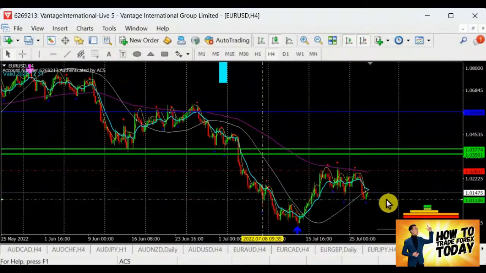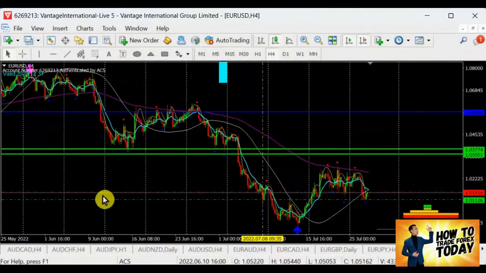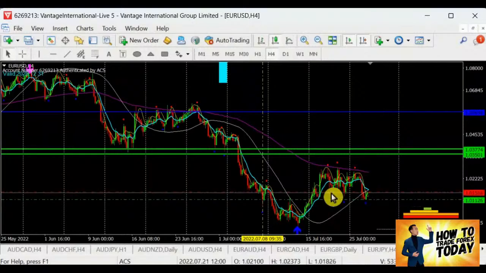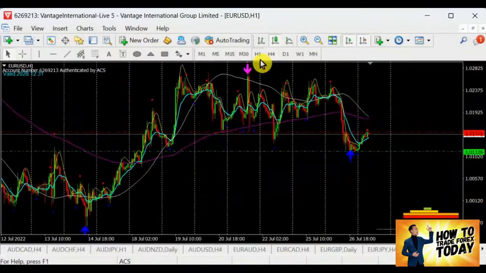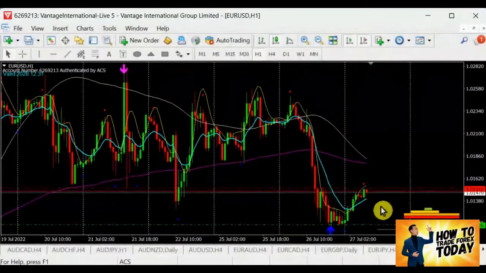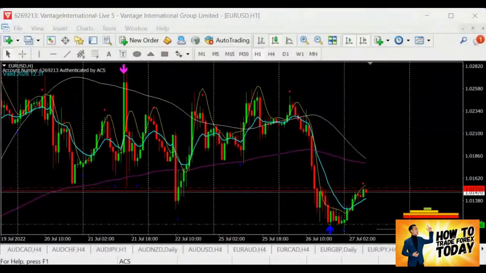Since the support is so near, the resistance is actually being tested once, and we are on the resistance right now. We have about 47 pips. So euro dollar, yes, look out for this area. If this area is not breaking above, continue to have green red selling cycle, then yes, we can continue the selling. All right.